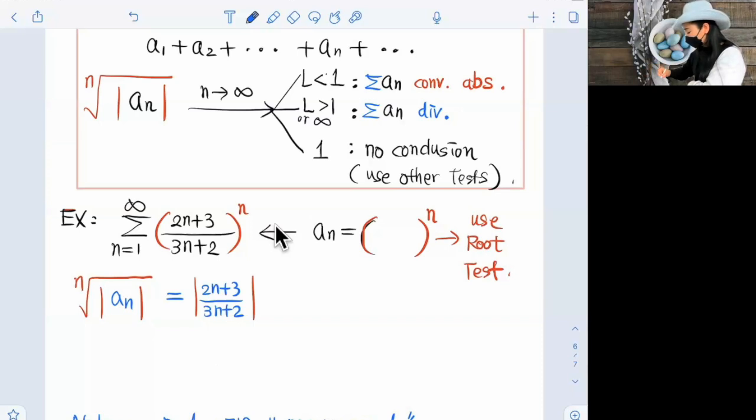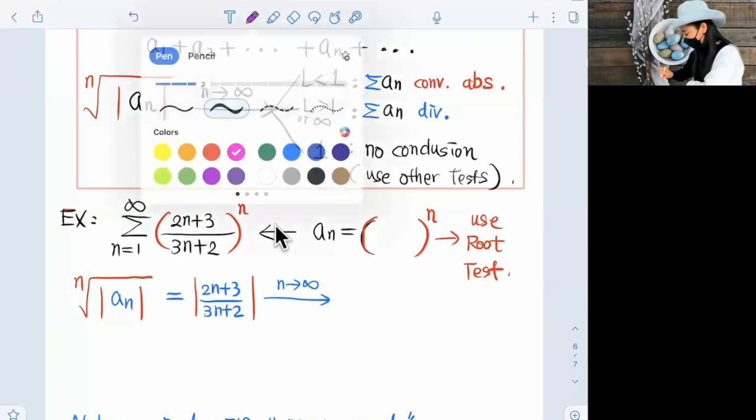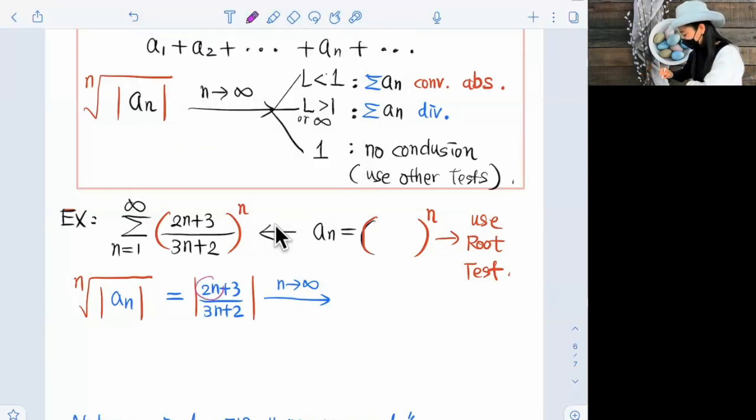Now I'm going to take n going to infinity. What does it go to? 1? Did you say 1? 2 over 3, yes. It's not 1 this time. Look at the dominating terms. So it's 2 over 3, which is less than 1.